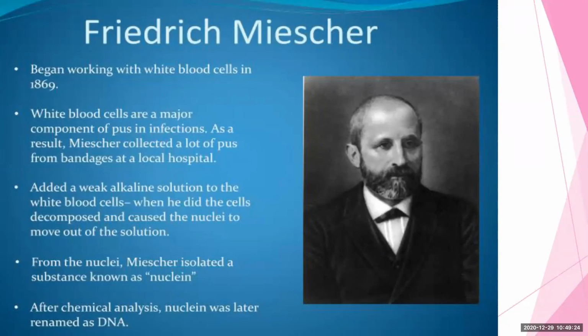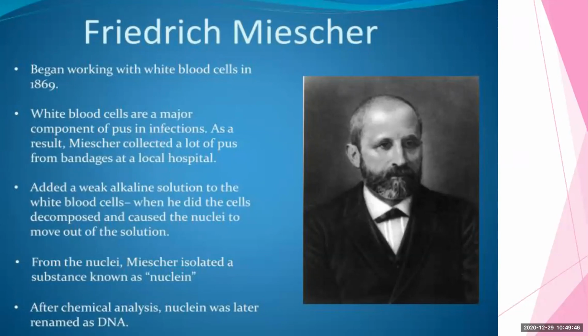When he did that, the cells decomposed and caused the nuclei to move out of the solution, right? So what was his observation? As soon as he poured the alkaline solution on the cells, the cells burst, and the nuclei came outside the cell.